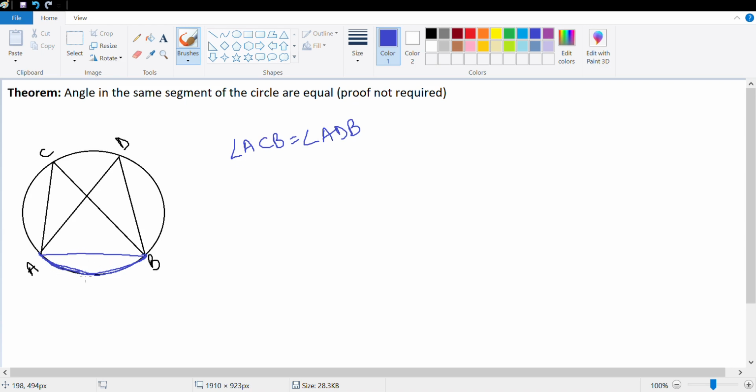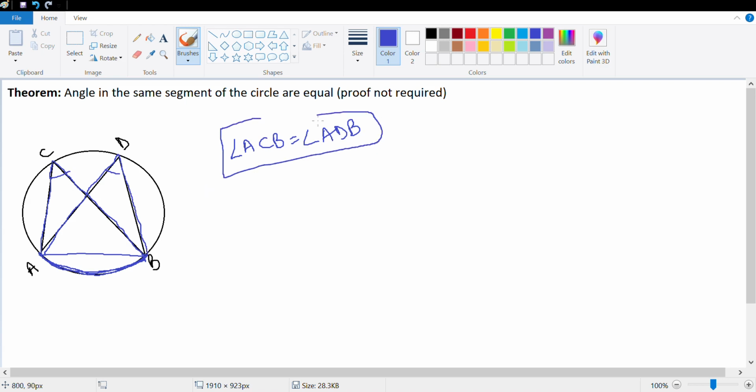So angles in the same segment, or made by the same chord or the same arc, are equal. In this case, the angle that it makes is ACB, and this also makes an angle ADB. So angle ACB would be equal to angle ADB. The proof is not in our syllabus.